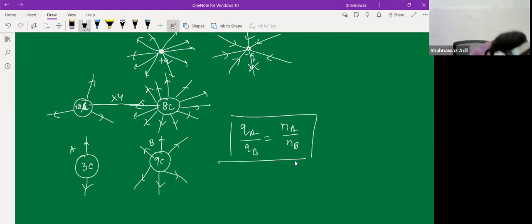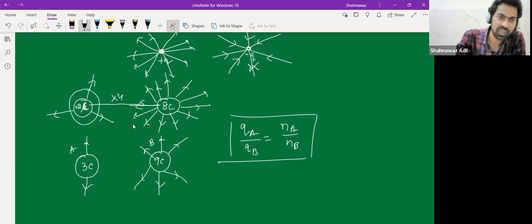Doubts are always welcome. How do we know that the electric field lines are going outwards when it's positive and inwards when it's negative? So this says that you have the maximum electric field near this charge, and then it fades.